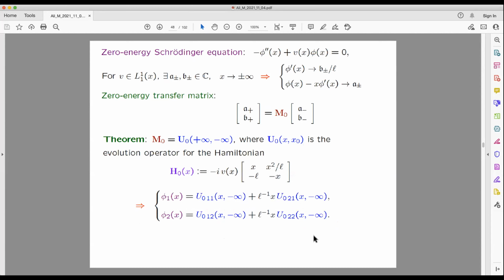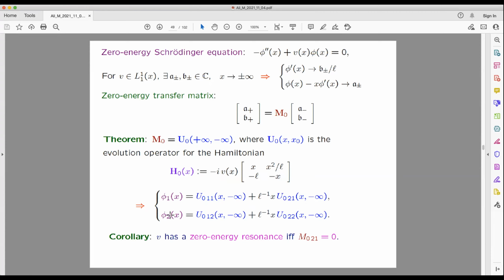Now, once one calculates this evolution operator, one can get this phi1 and phi2 directly out of the entries of this evolution operator. They are given by these formulas. And it turns out that the zero energy resonance is one of the zeros of M02 1.